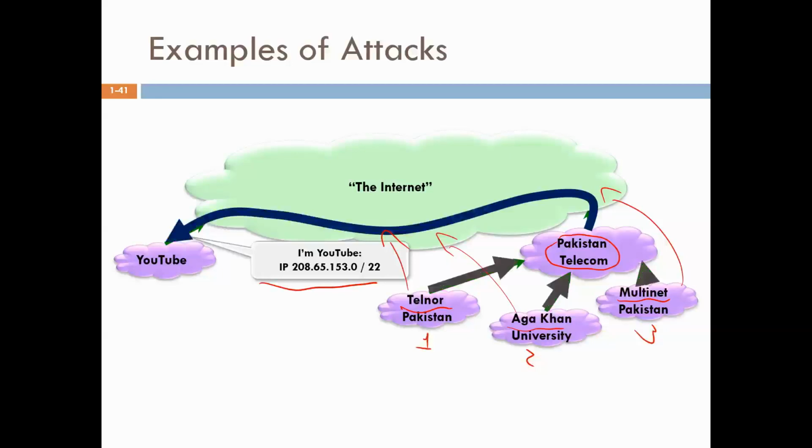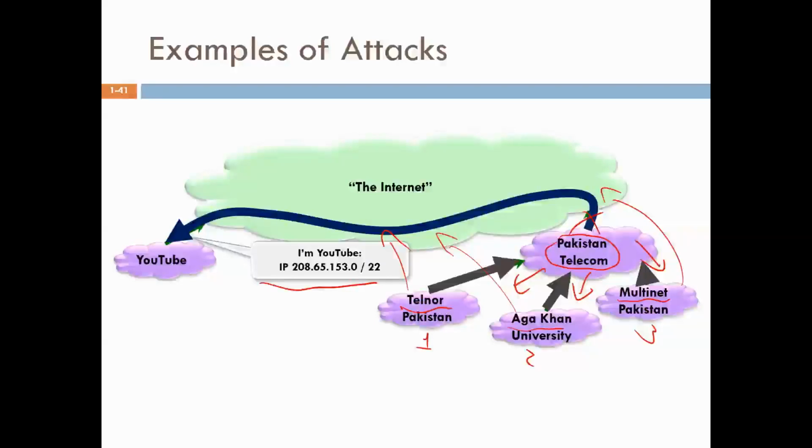The Pakistani telecom wanted to make sure that it announces the shortest path to YouTube so that these three autonomous systems will send all the traffic to it. So the best way is that the Pakistani telecom would make an announcement that includes the YouTube address to the three autonomous systems, and then it can just drop the HTTP requests that are going to YouTube. And so nothing will make it out of the Pakistani telecom.